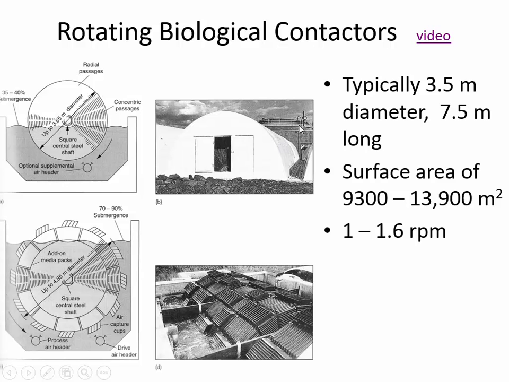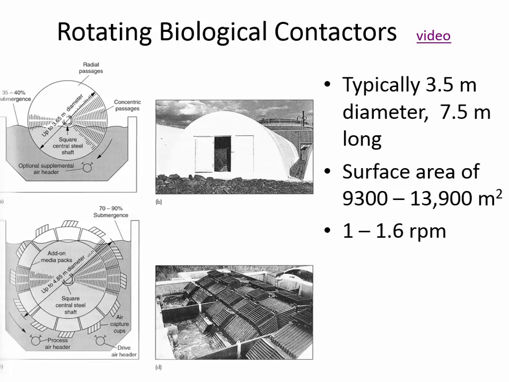One thing that's kind of nice here, you can see they've put it in a little Quonset hut. That can help control the odor. If you have it in an enclosed space, then there isn't going to be the same issue of offensive smells. And it's easier.